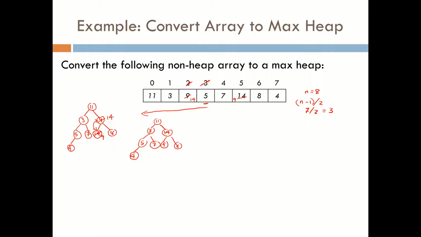And so we ask ourselves here, let's heap down this 3. Well, both the 5 and the 7 are greater than or equal to 3, but since this is a maximum heap, we will take the 7, which is the greater child, and swap it with the 3. And so the 3 and the 7, giving us this tree.